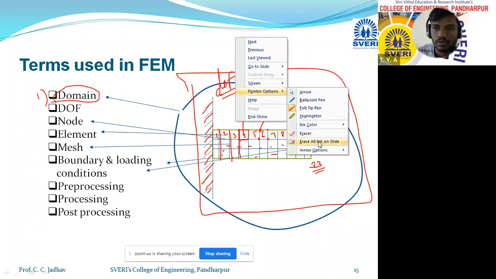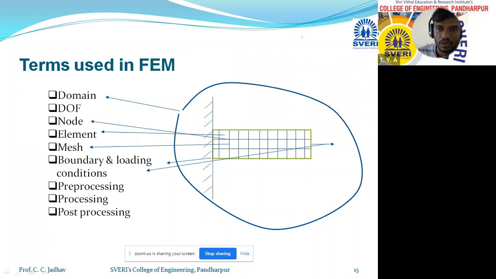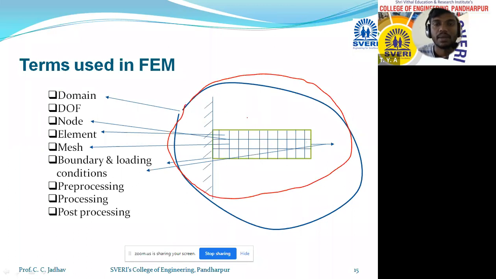Okay, whatever all the problems we are talking about, I have made like this one circle. हे जे काही सगळं जे आहे ह्याच्यातलं ते आपला हा डोमेन आहे, की आपण इथं काम करणार आहोत, आपण याच्यावरती अनालिसिस करणार आहोत. That means this is your domain. You are just doing the analysis, you will do the analysis for this particular domain. एक हा इंटरेस्टिंग एरिया आहे, याच्यामध्ये मी काम करणार आहे, त्याला म्हणायचं डोमेन.